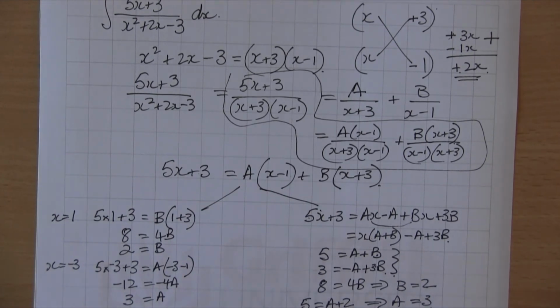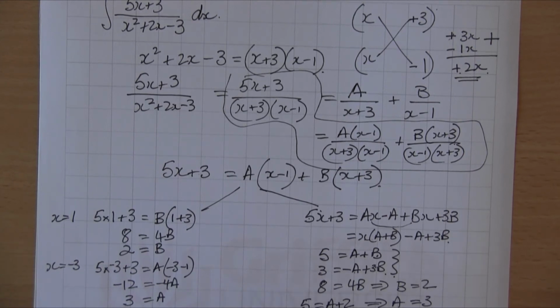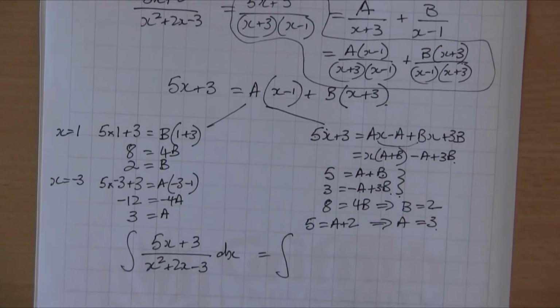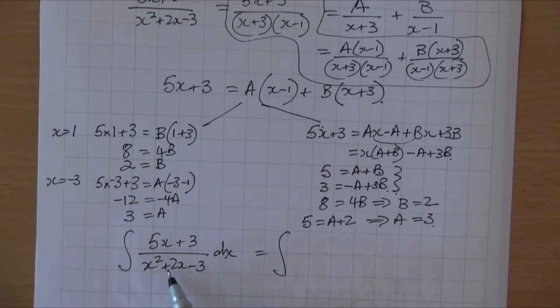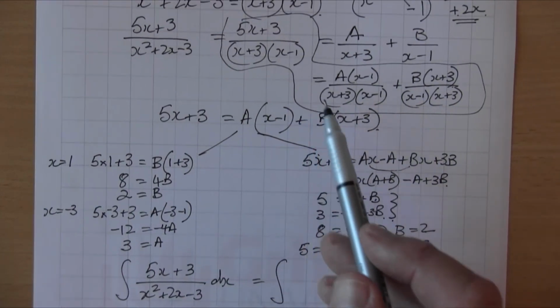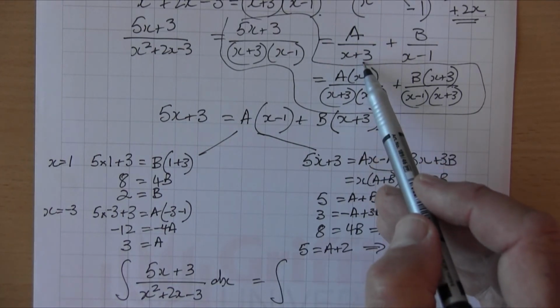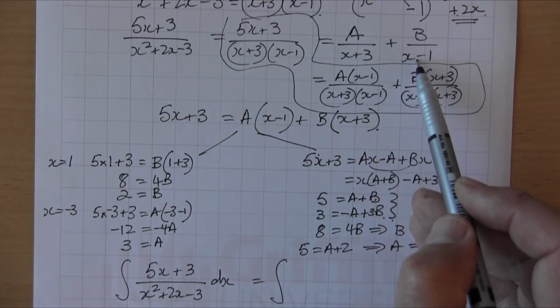So now we've got the integral of 5x plus 3 over x squared plus 2x minus 3 dx is equal to the integral of, we've split the fraction here into a over x plus 3 plus b over x minus 1.